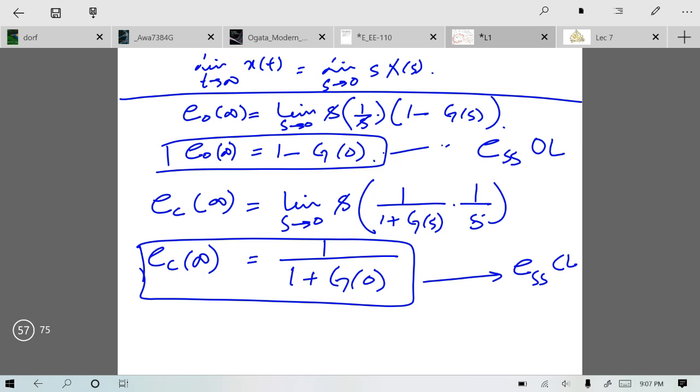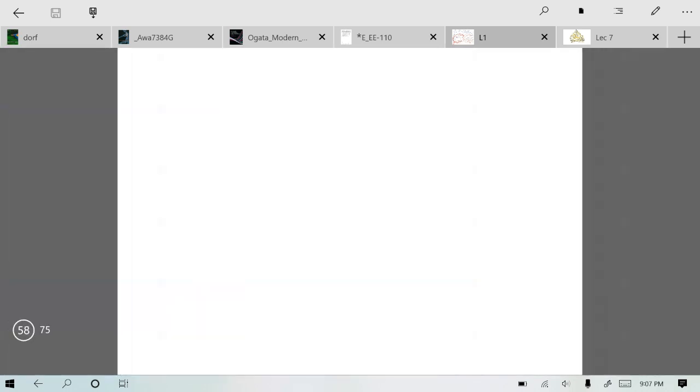Okay, now let's apply these formulas on some practical system. Let me draw a system. For example, I have R of S, plus, and then I have a negative feedback over here.